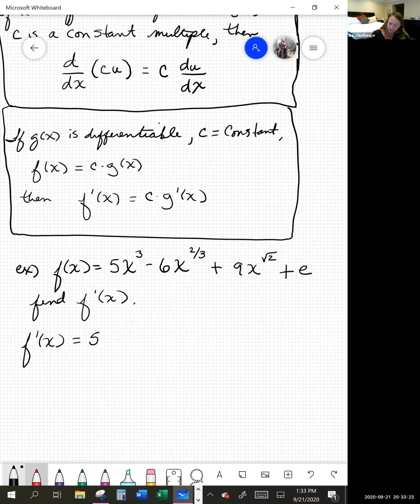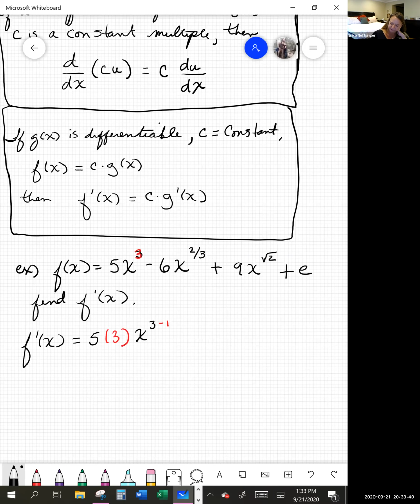We bring our power down front, so for 5x cubed, I'm going to keep my coefficient 5 there, bring my power down front, which is 3, x to the, subtract 1 off that exponent, so minus 1.